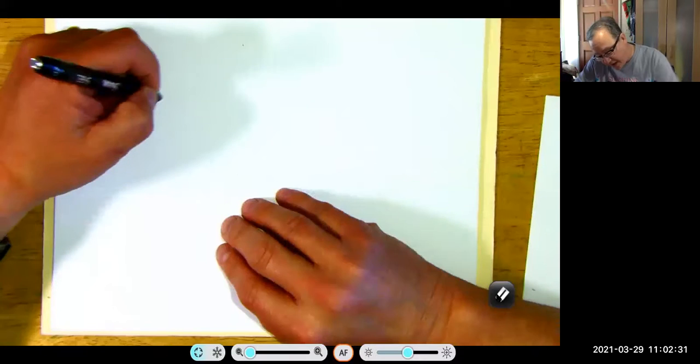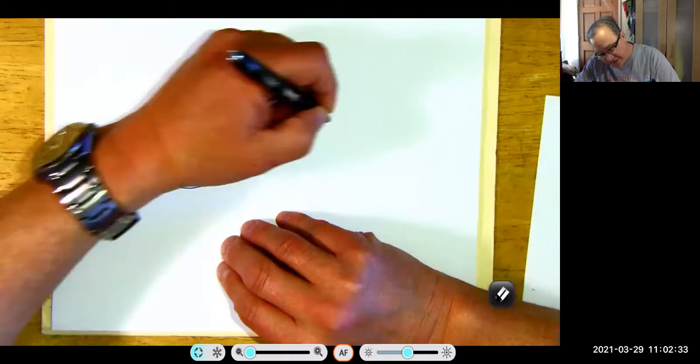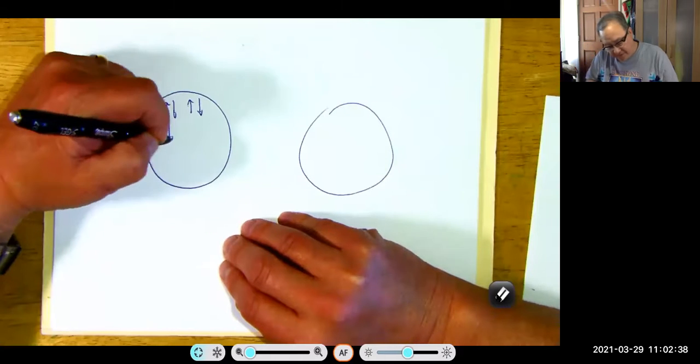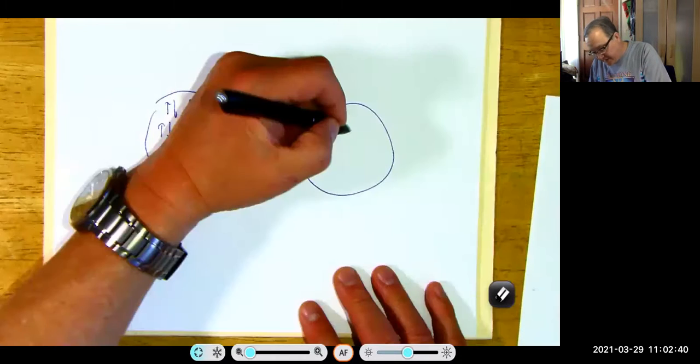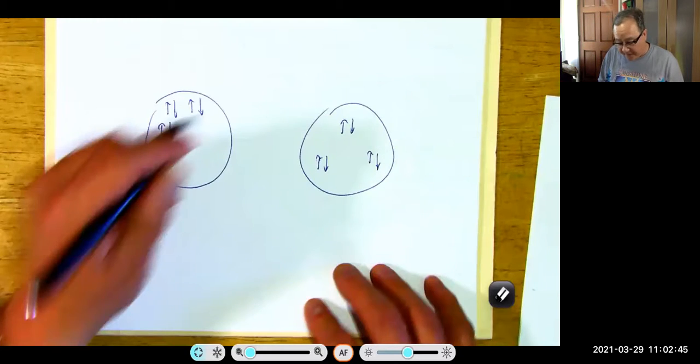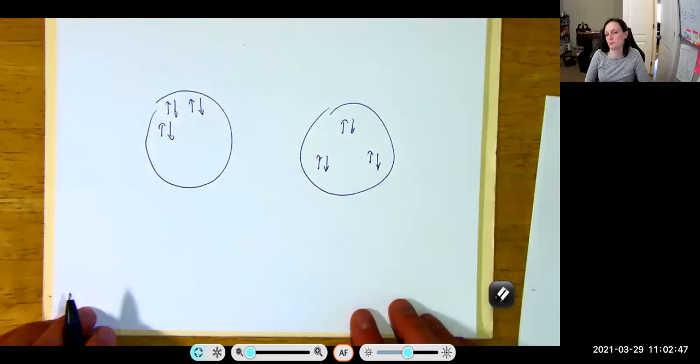So, you know, if you have this versus this, which is going to be better, left or right? Right?